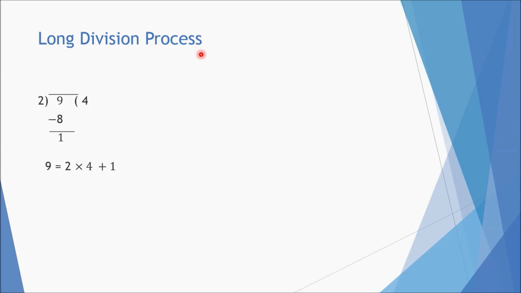Here we can see that 9 is equal to 2 multiplied by 4 plus 1. When we multiply this 2 with 4 and add this 1 to it, we will get 9. So this 9 is the dividend, 2 is the divisor, 4 is the quotient, and 1 is the remainder.